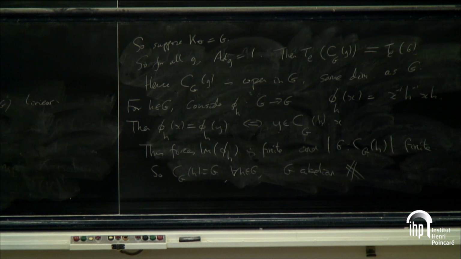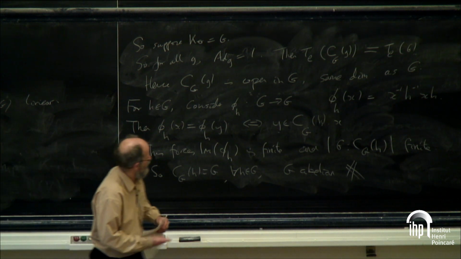So as in this sort of situation, where you have centralizers all open, and so on. There's a paper of Caprace, Reid, and Willis, which mentioned that as an open question. Okay.